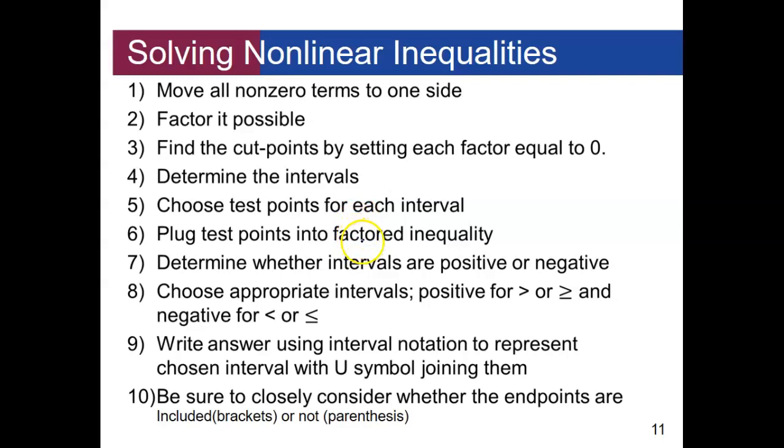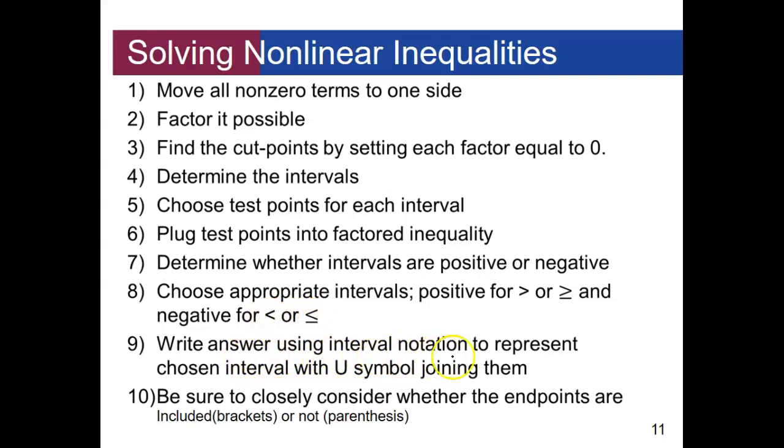We'll plug the test points into each interval that we have. Determine whether the intervals are positive or negative. We're going to choose the appropriate interval, and we're going to choose the positive intervals if it's greater than or equal to. We'll choose the negative intervals for less than or equal to.